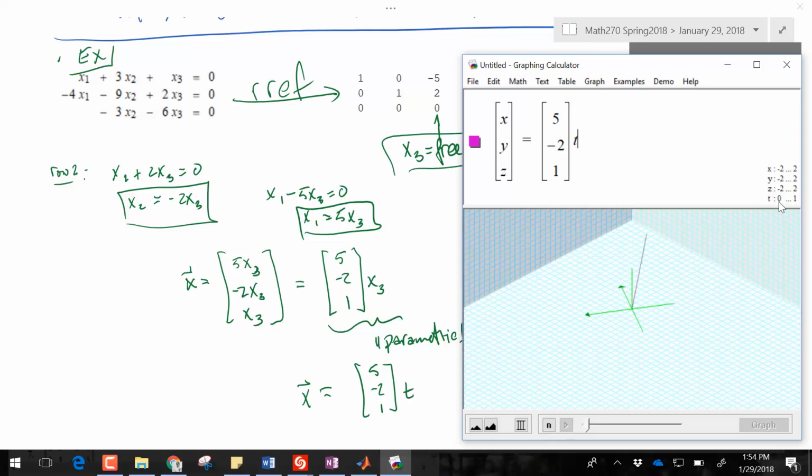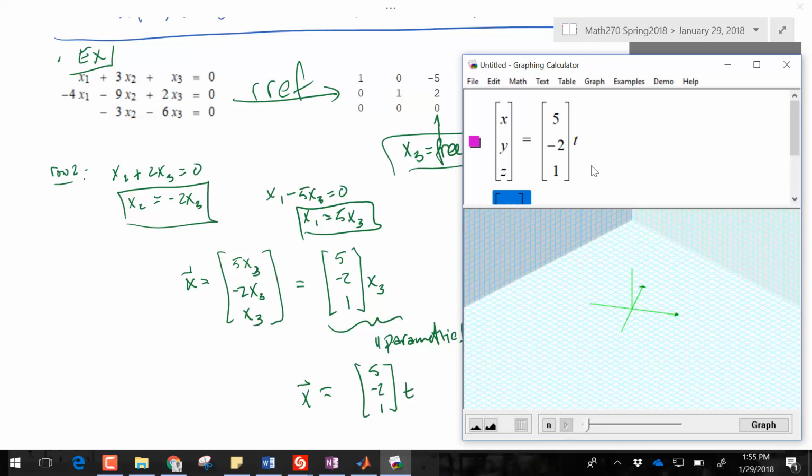This line spans from 0 to 1. If we want to make it go longer, you can say minus 2 to 5 or something like that, and now you have a longer line. The parameter t, that number x3, tells you when to start and stop. In fact, you can look at this as a pointer, a vector, scaled by t.